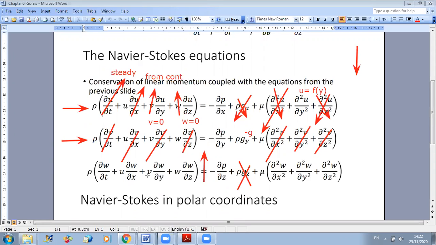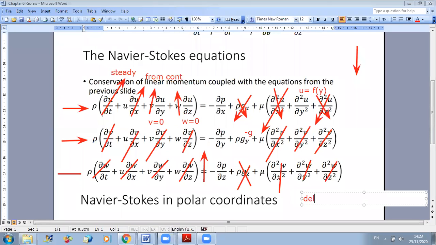And from the third equation, w is 0 in my problem, so all these terms will cancel. As you can see, the equation seems complex, but when you apply it to a problem, you have a lot of simplification. So from the last equation, you only have one term: del p by del z is equal to 0.